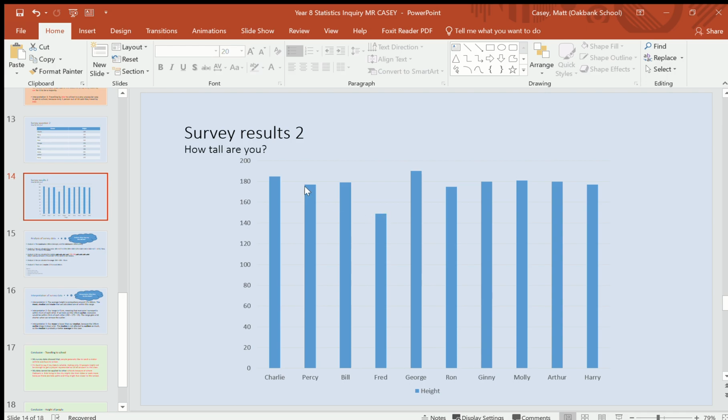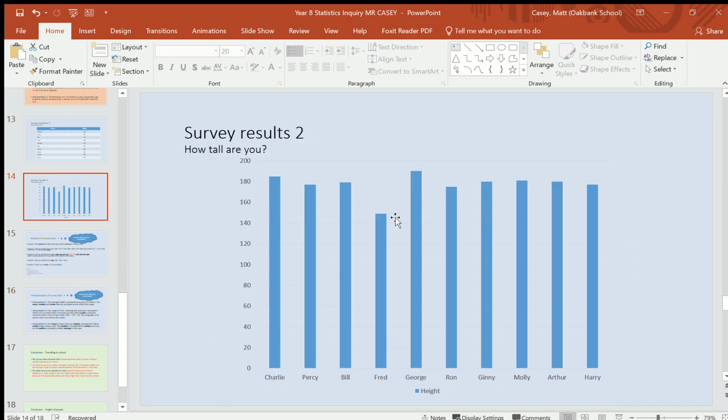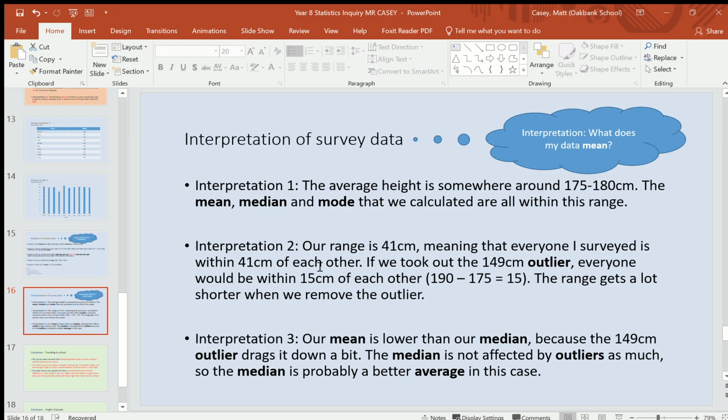Everyone else is up here, and this dude's all the way down here. And he's actually dragged the mean down a lot. So if we took that one out, everyone would only be within 15 centimeters of each other instead of 41. So it's actually a pretty big difference. When we get rid of the outlier, the range is a lot smaller.